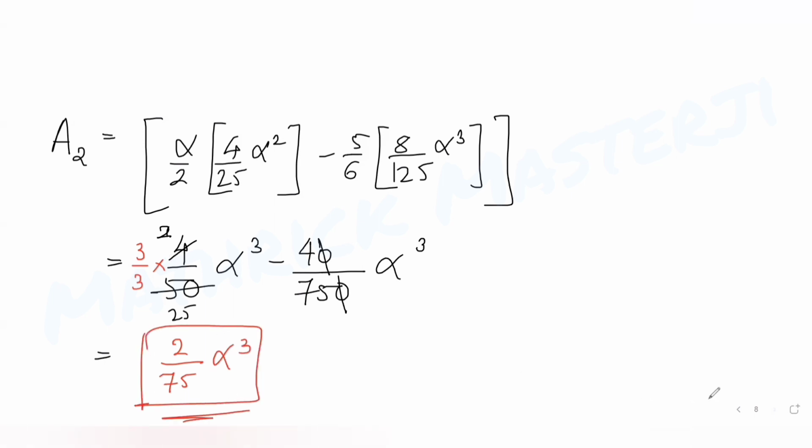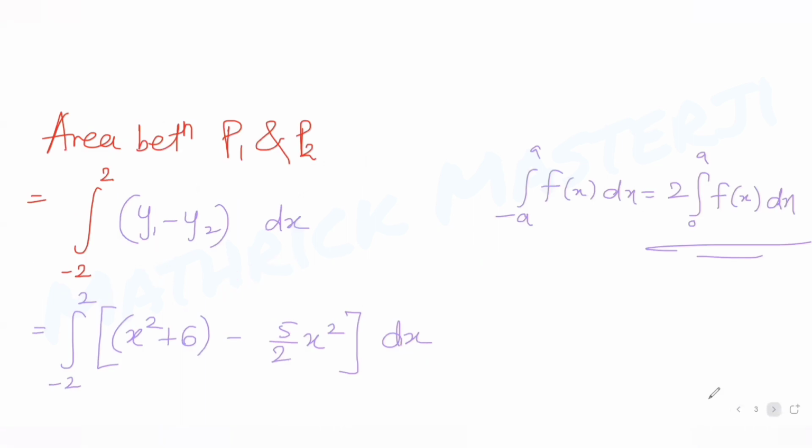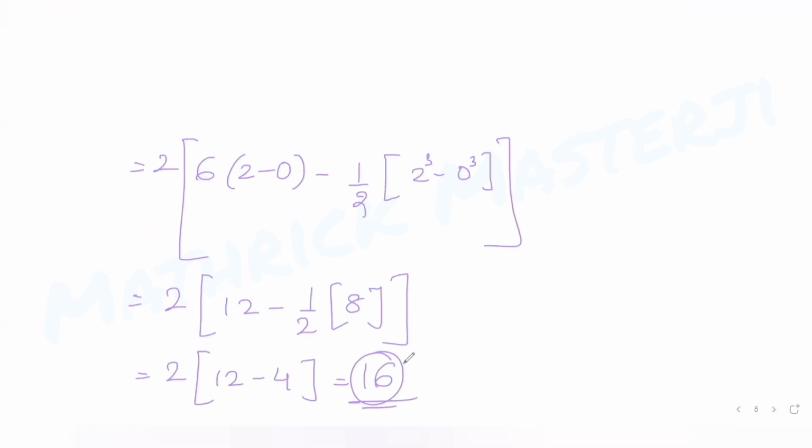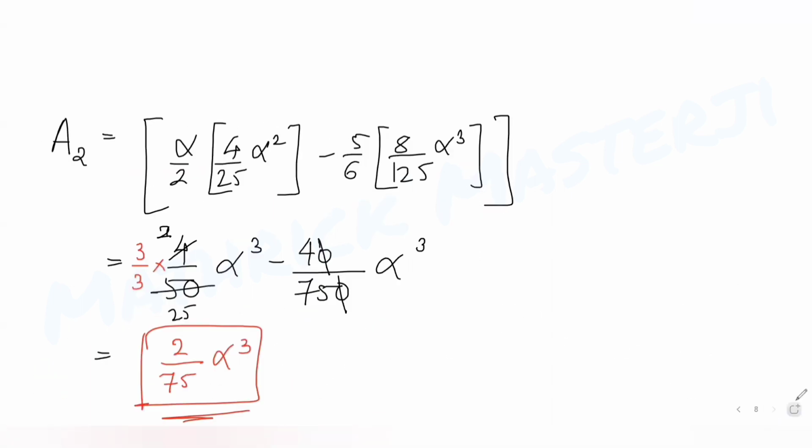So you get this second region in terms of alpha, and the first region, A1, is 16. A2 we have already received, that is 2 by 75 alpha cube. I have been told that the two areas are equal to each other. So 16 is equal to 2 by 75 alpha cube.